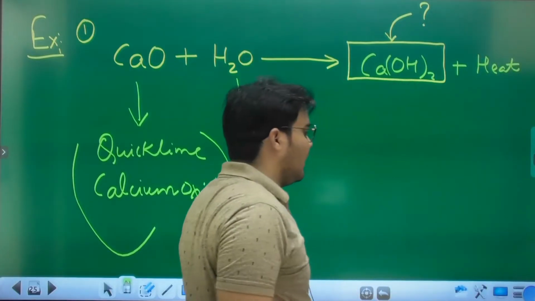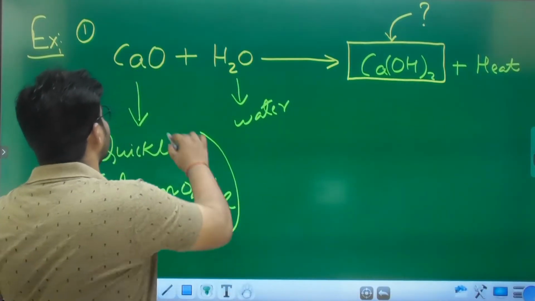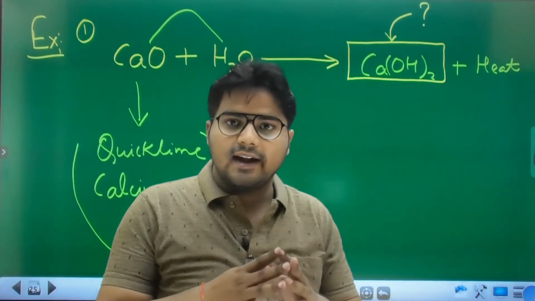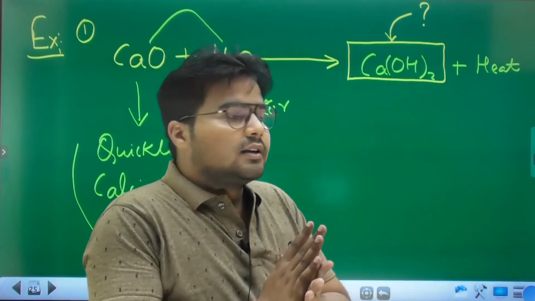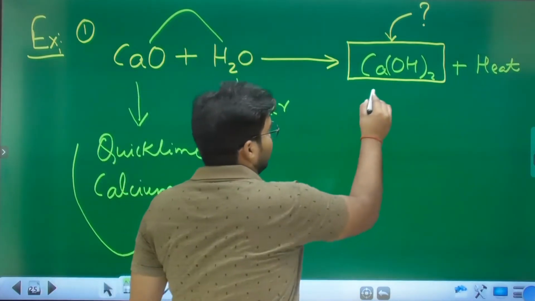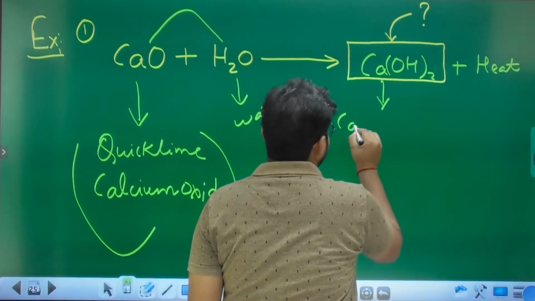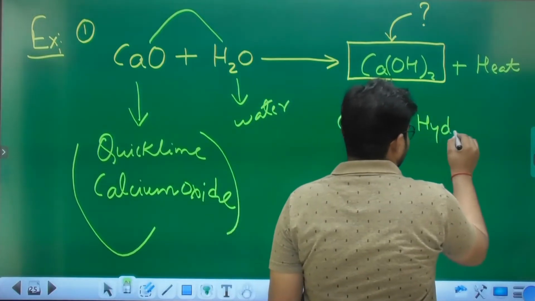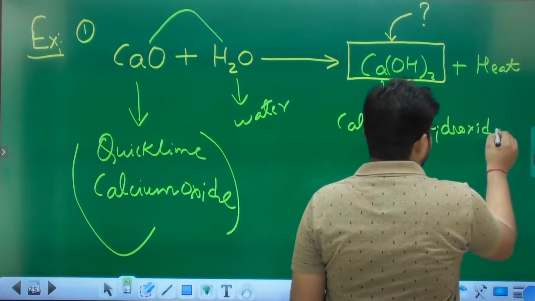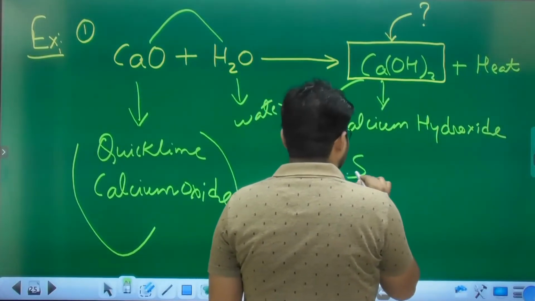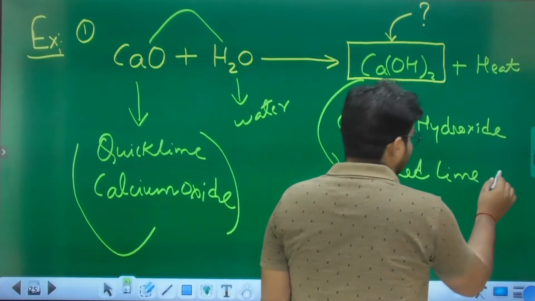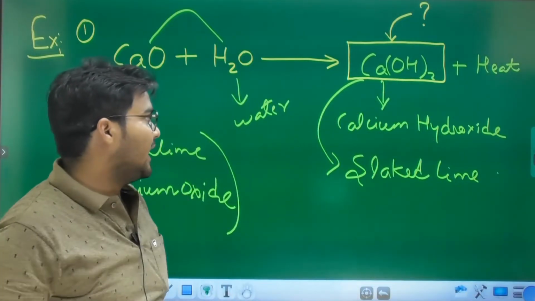Clear? When we mix quicklime and H2O, it forms calcium hydroxide, and the general name is slaked lime.